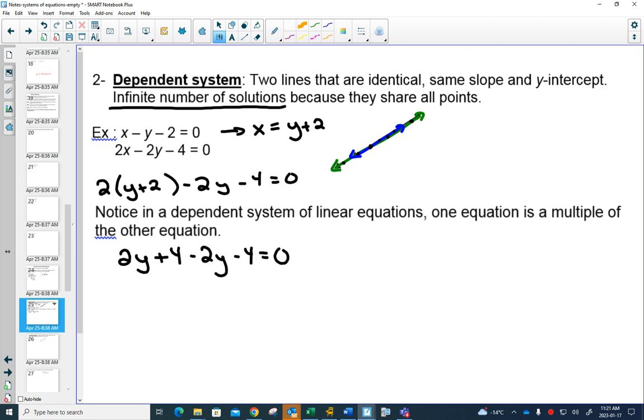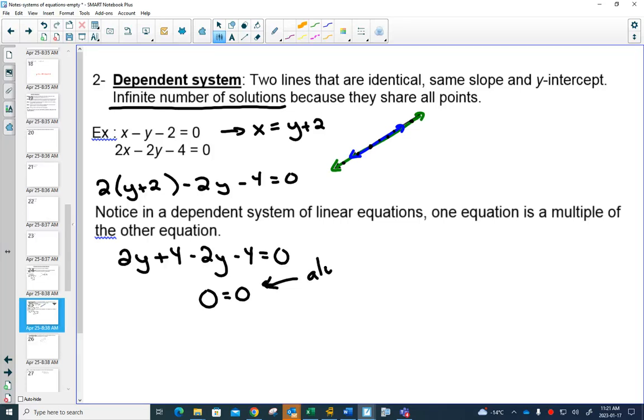And, oh, these are like terms, and those are like terms. 0 is equal to 0. I was trying to solve for y, but my y's disappeared. But I got a statement.